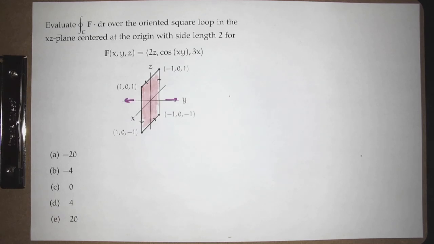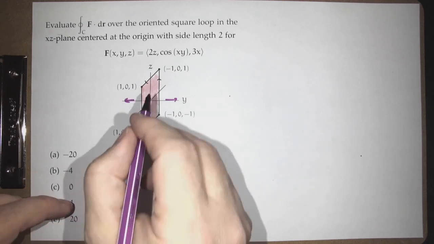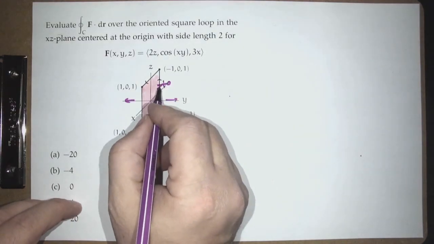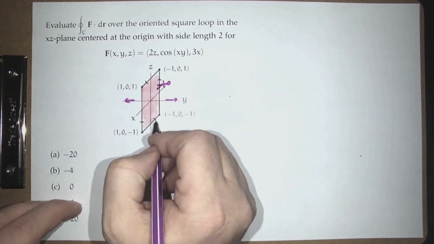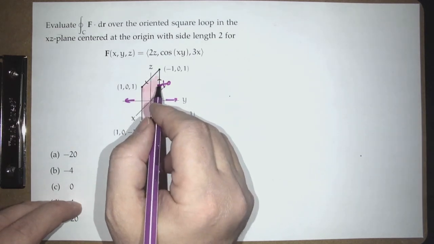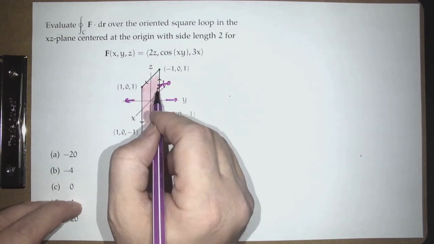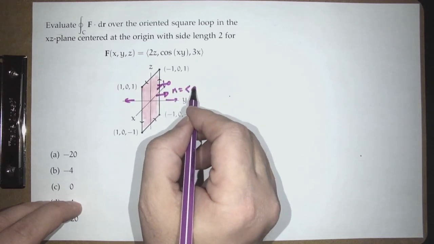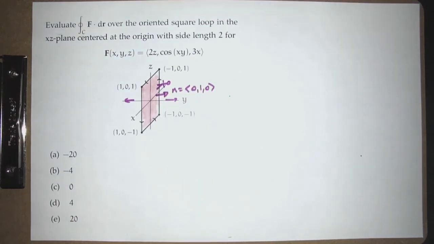How do you know? Yeah. You just imagine that you're a little person standing on this surface. And if you were to walk next to the edge, if you were standing on it, is your region to the left? And it is. So good. So that says the normal is 0, 1, 0.